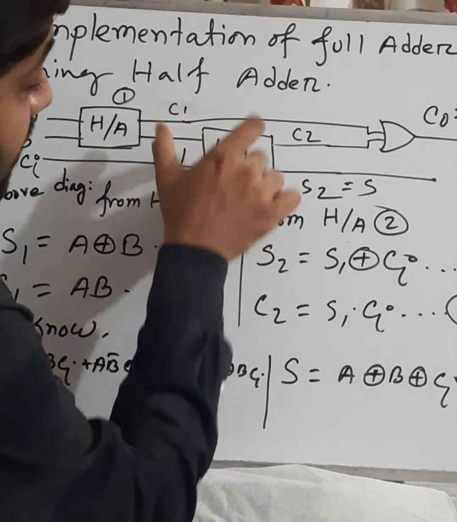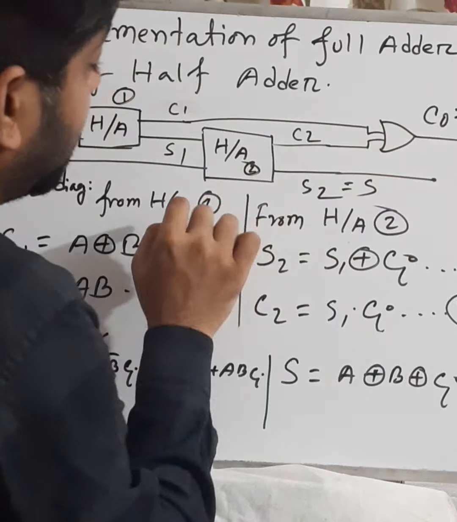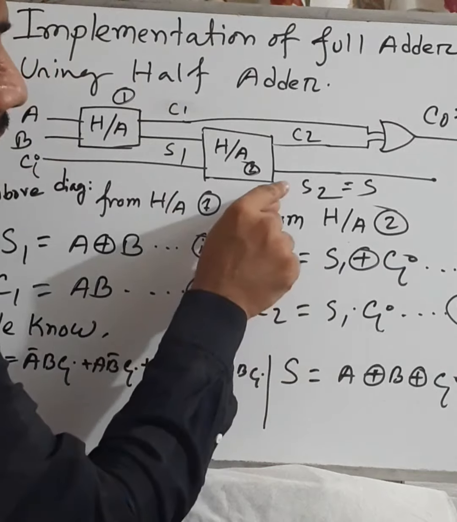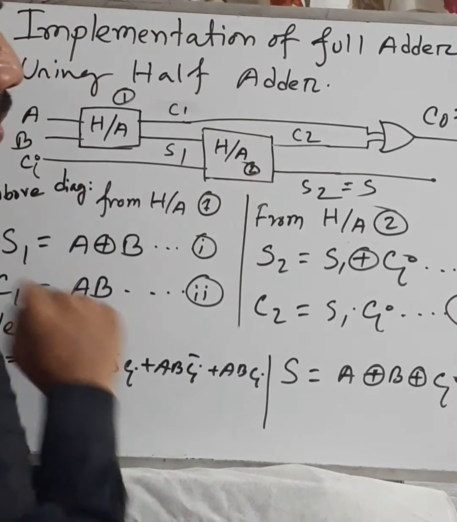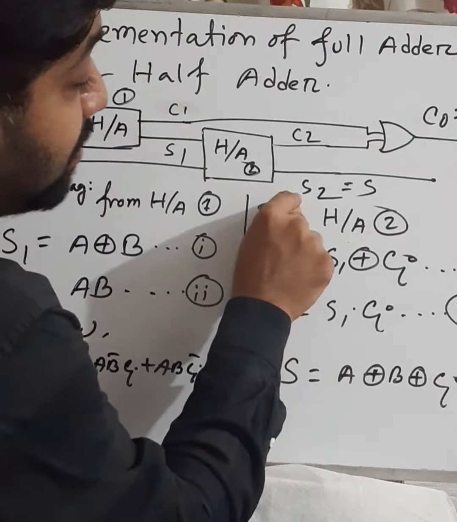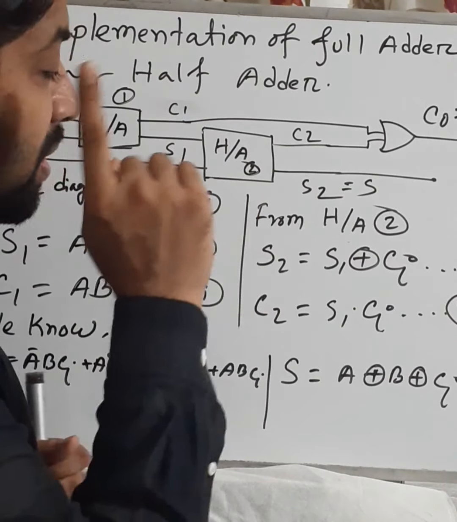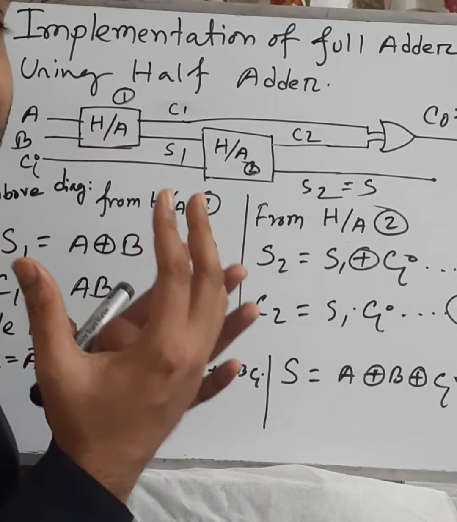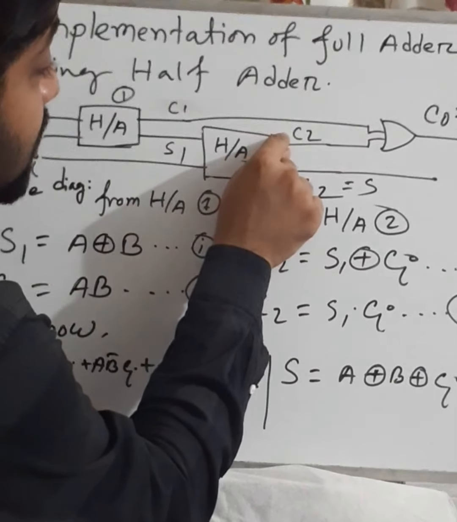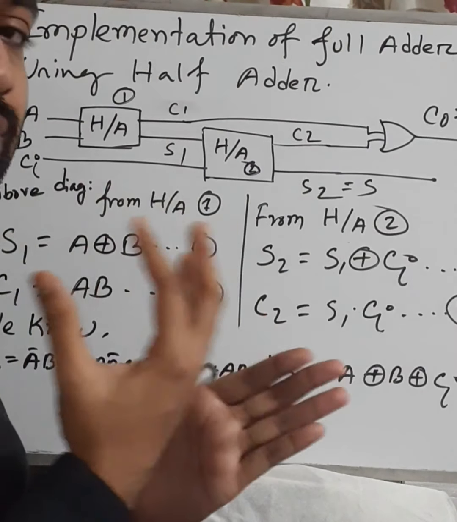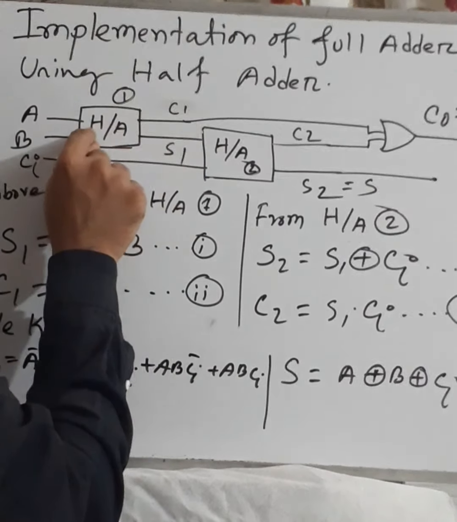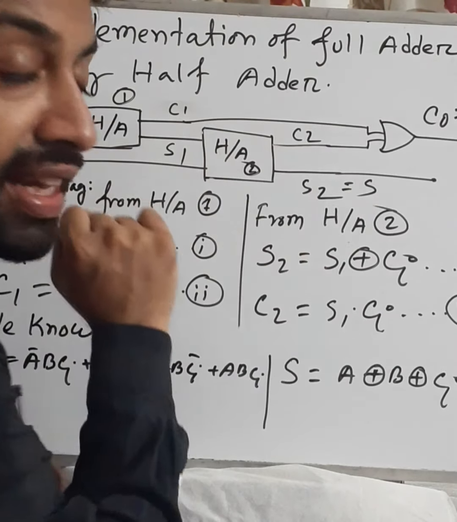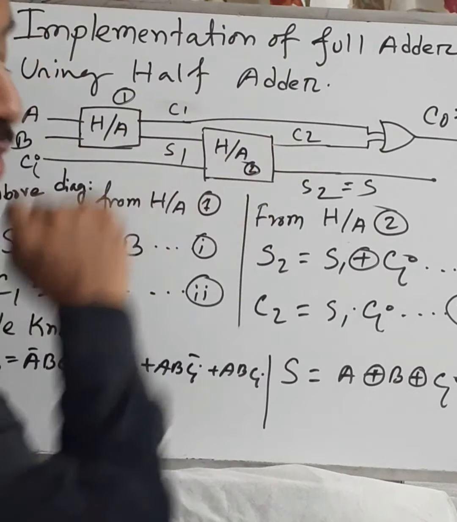Now C1 will go forward, and half adder number 2 will produce 2 outputs, sum 2 and carry 2. I will prove that this sum 2 will be the final sum for our calculation. Now we add an extra OR gate to add C2 and C1. C1 is the carry of half adder number 1, and C2 is the carry of half adder number 2.